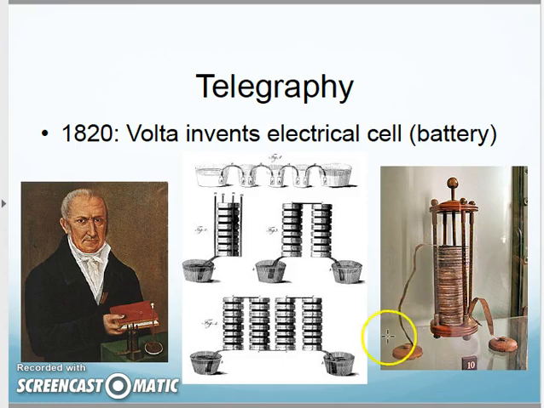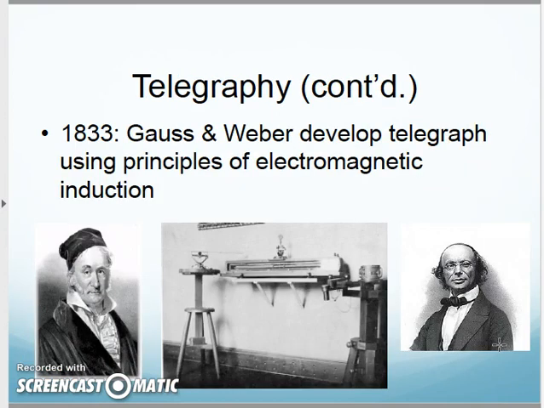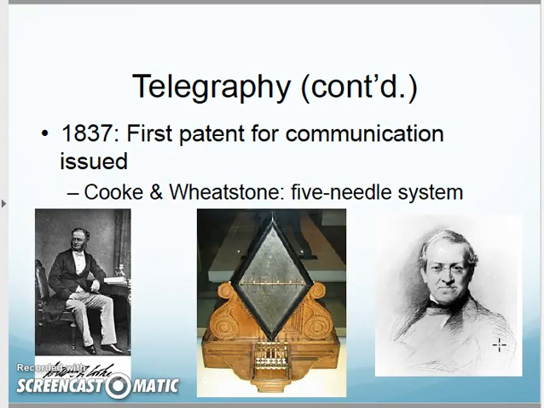Stacked up, each one makes a little fraction of a volt, and all those add up to make what we would call a battery today. In the 1830s, Gauss and Weber develop telegraph principles using electromagnetic induction. If I remember correctly, they connected their labs together across town with a telegraph so they could send messages to each other.